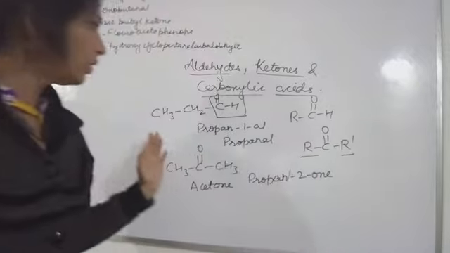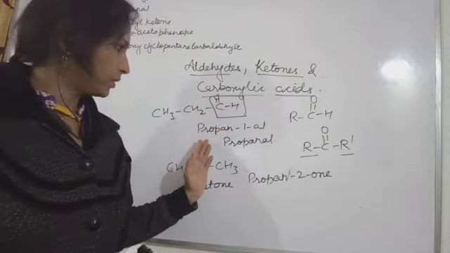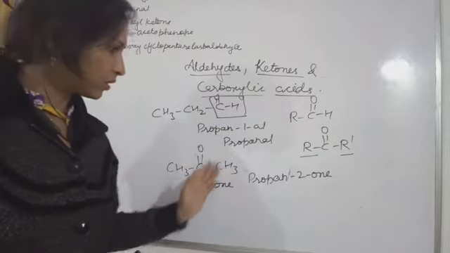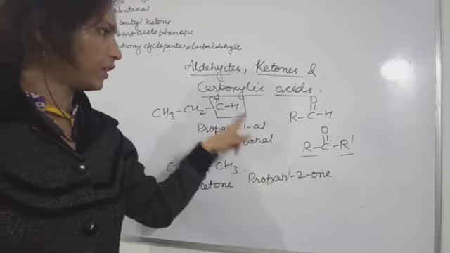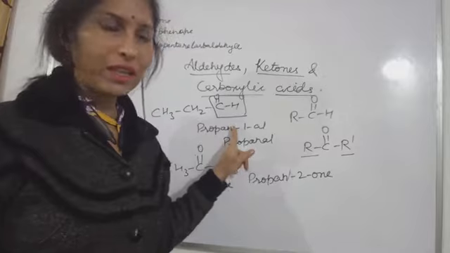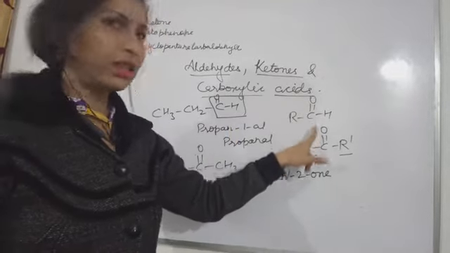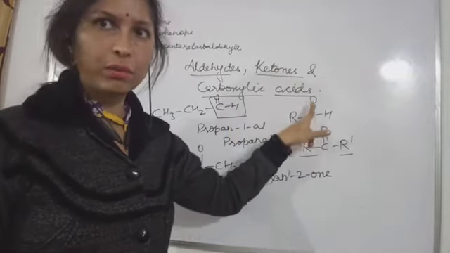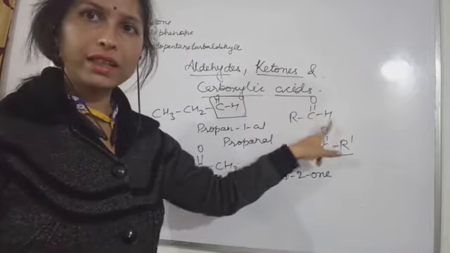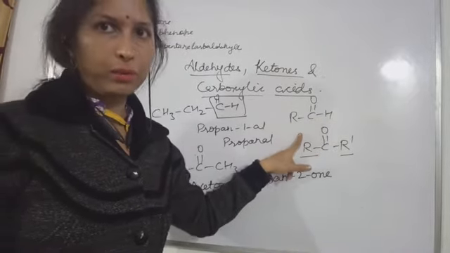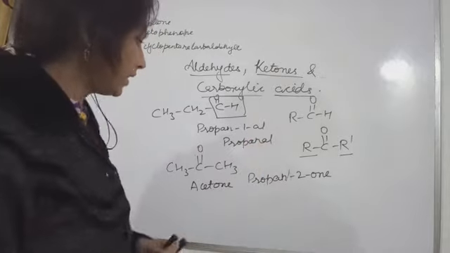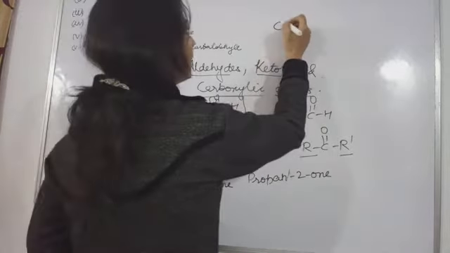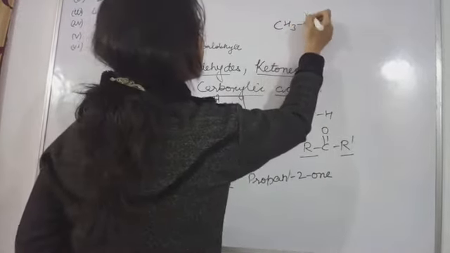In naming, al will be the suffix if the aldehyde group is present, and on will be the suffix if there is C double bond O with alkyl groups on both sides. This is the case of a ketone. Now, what name do we give to a carboxylic acid? Suppose this is CH3, C double bond O, OH.